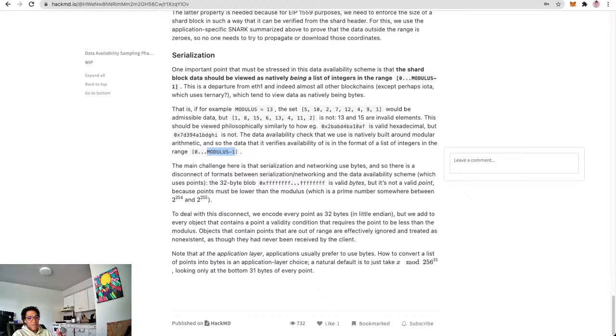I like this example because you could see why it's modulus minus 1: if you have some data in here that's at modulus or above, it will be invalid. The main challenge here is that serialization and networking use bytes. And so there is a disconnect of formats between serialization, networking, and the data availability scheme, which uses points.